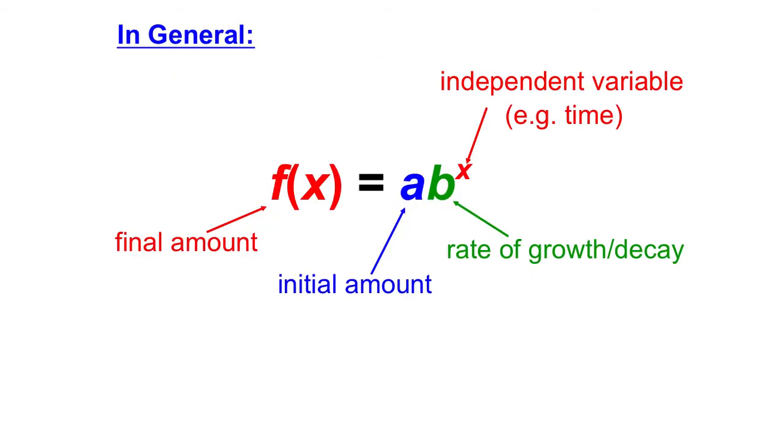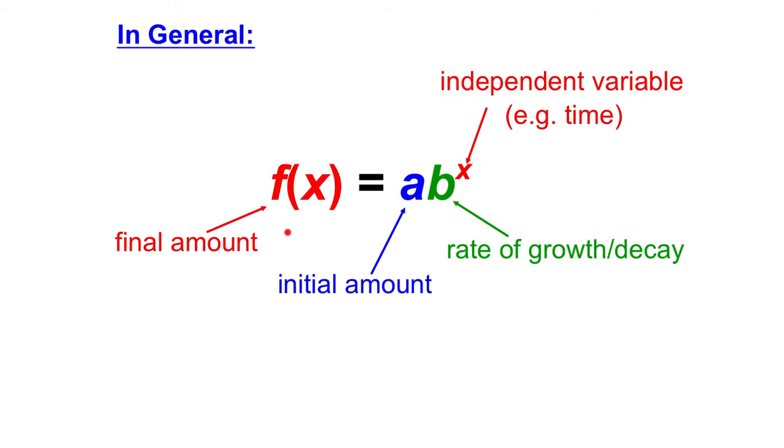So I'm going to work through a few different examples of different types of applications of these exponential functions. But in general, you're always going to have to come up with an equation to model a situation and then use your equation to solve a problem. Okay, so because you need to come up with an equation, it always follows this format in general.